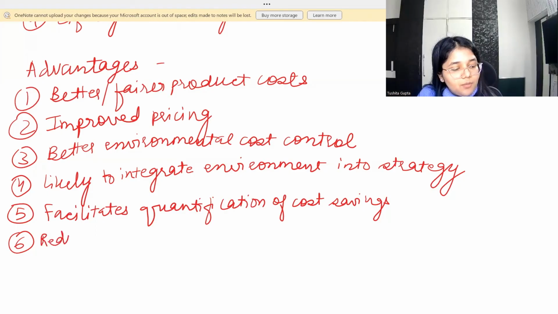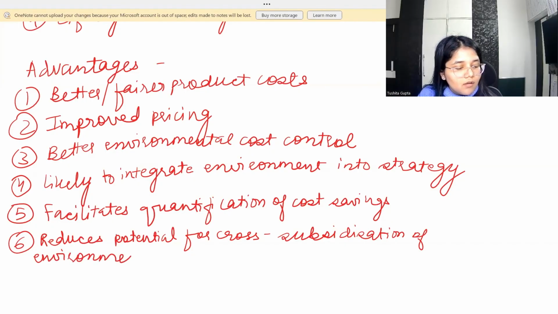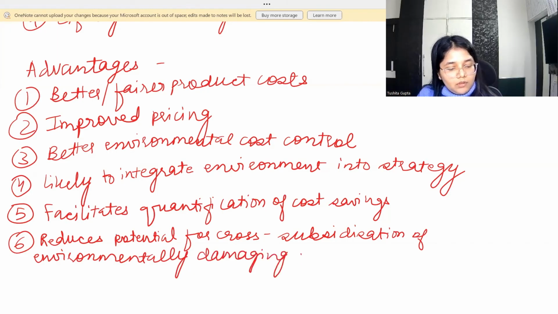So I'm just putting down reduces potential for cross subsidization of environmentally damaging products. So this is all that we talk about the advantages of EMA.